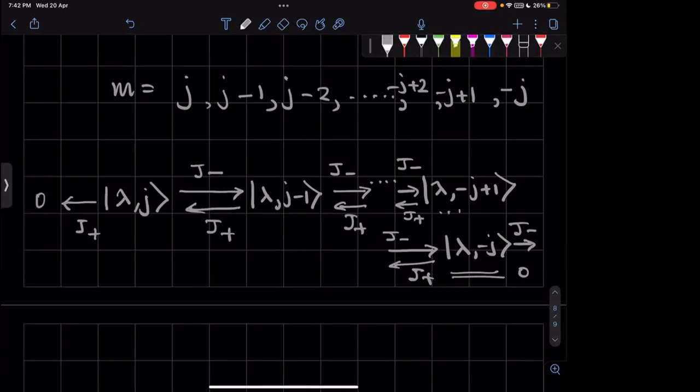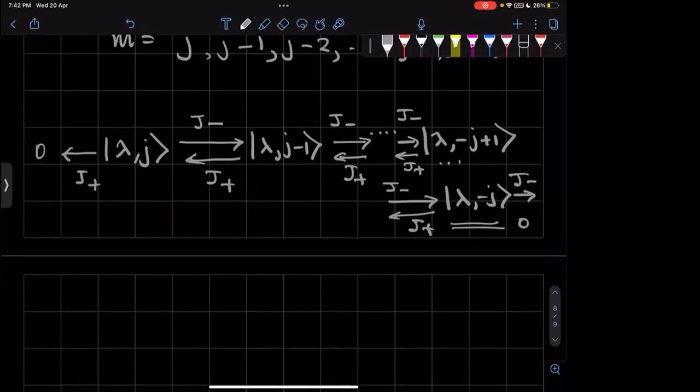So this is basically the ladder we had before, but we now have the explicit value of m in terms of j. Okay.